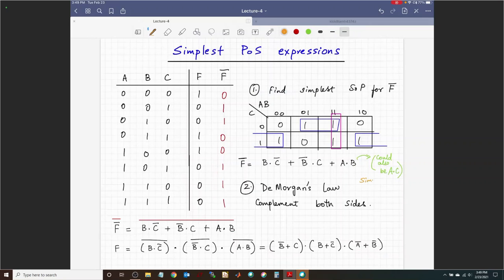Simplest forms are not unique. Okay, so let's see. I'm going to stop recording here.